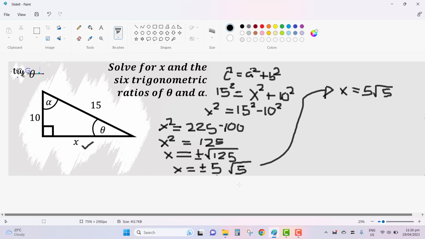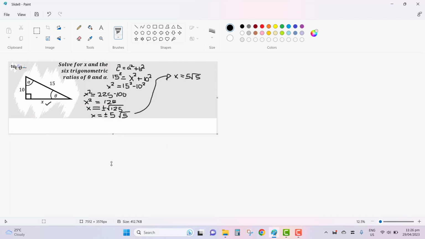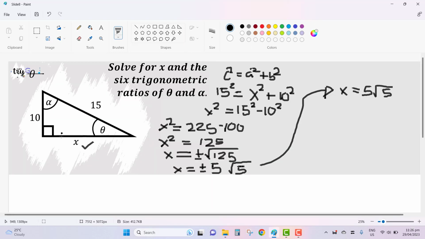Let me extend this here so that we could have a lot of space for additional computations and discussions. So let's start first with angle theta. This is your angle theta.